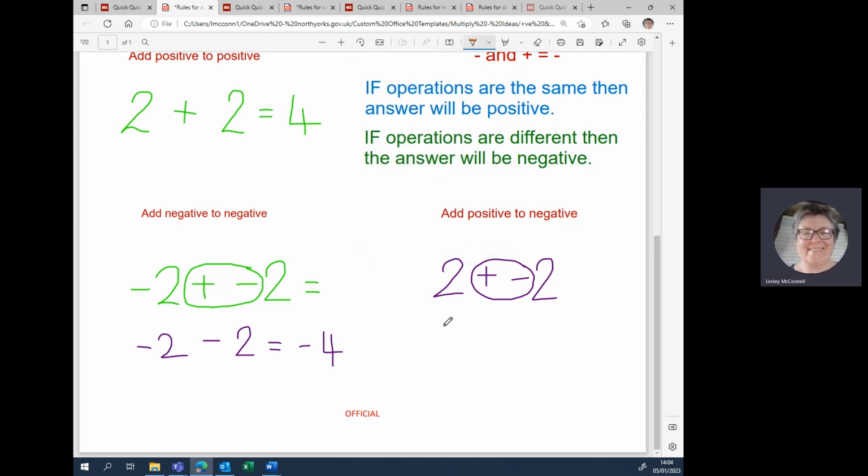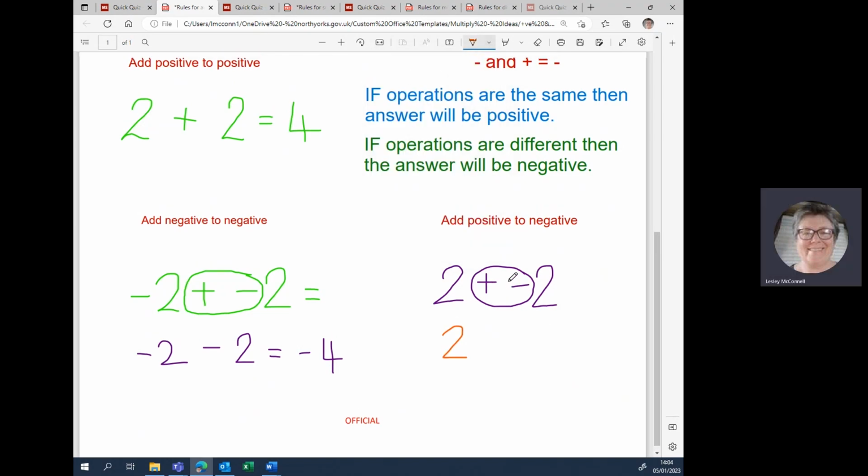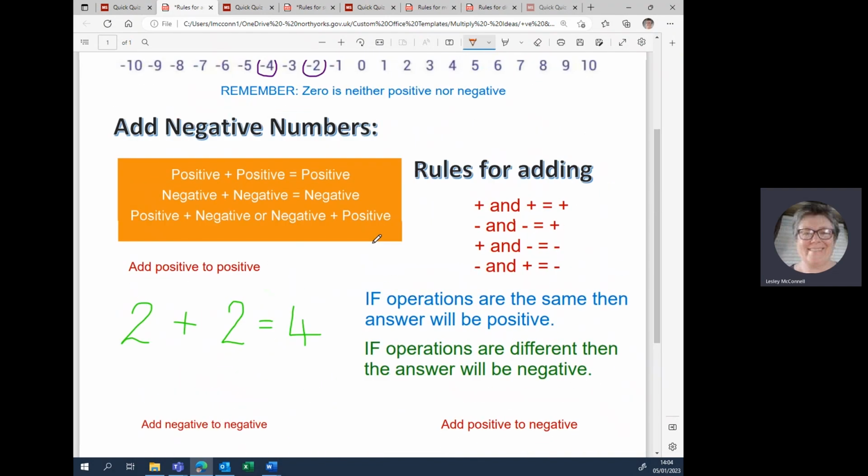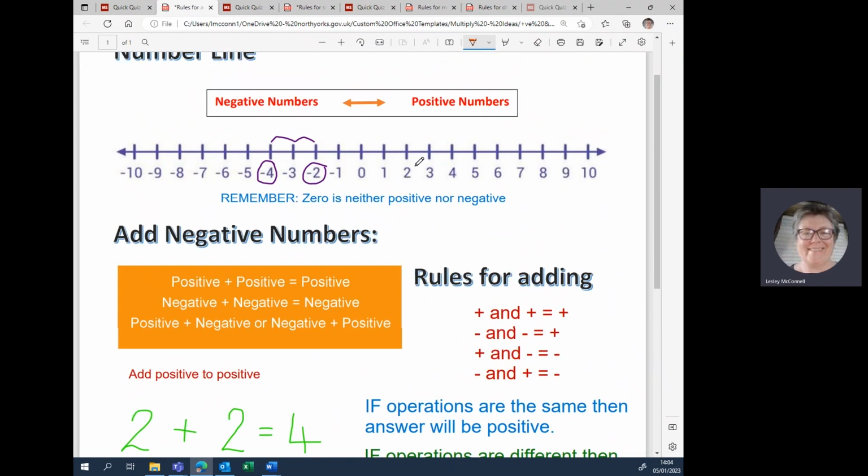Let's look at this as 2 plus and a minus, make a minus -2. It's going to give us an answer of 0, but we can check this on our number line. So here's our positive 2. We take away 2, 1, 2, and that gives us an answer of 0. But remember, 0 is neither positive nor negative.